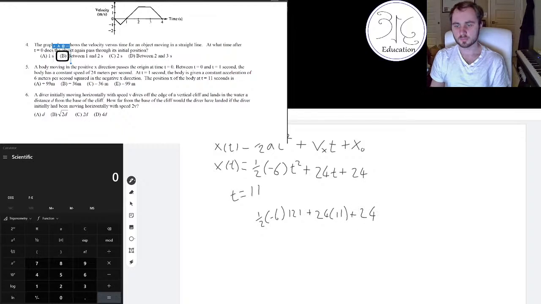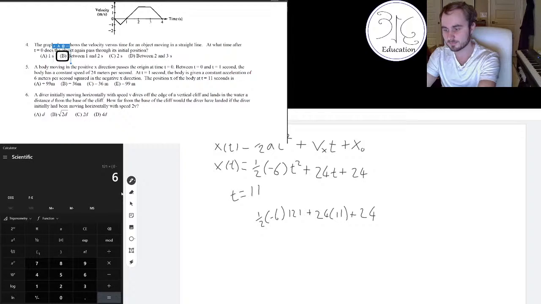plus 24. And so this is kind of a calculator level problem, I think. So we'll have 121 times, I want a negative 6. Oh, it doesn't. There we go. Oh, that did it horribly, didn't it? Okay, so 121 times. How do I get it to be just negative?